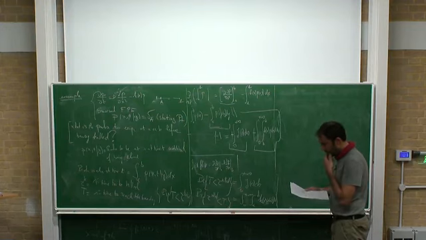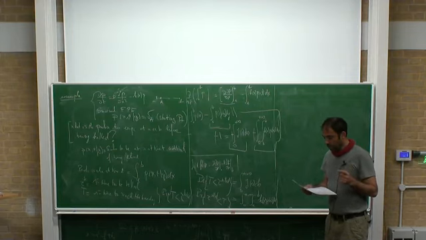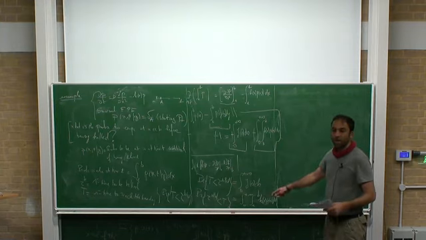So for example, what's the probability to be killed before time t? This is to be killed at the end of the process.